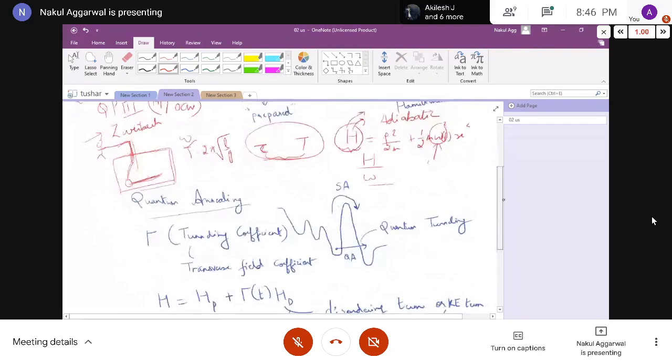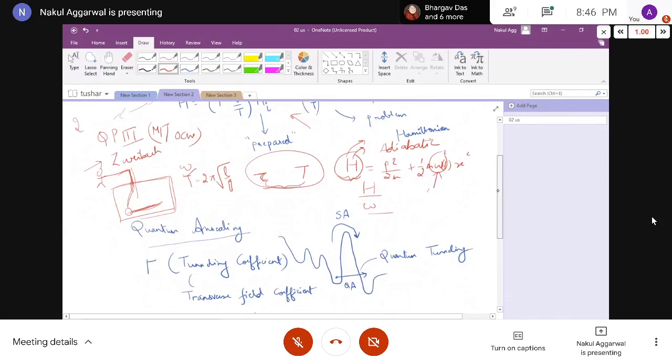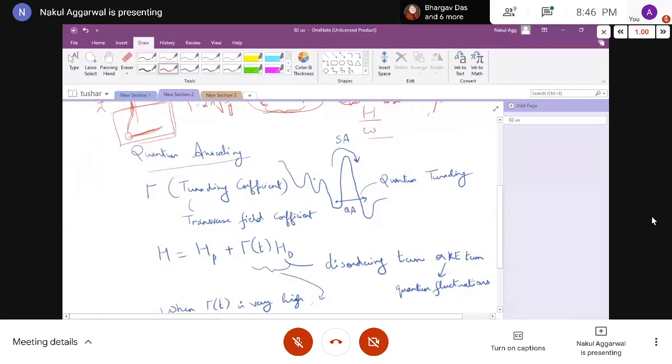The only reason I've discussed this is because when we look at the Hamiltonian for quantum annealing, you will see various similarities with this form. So what is quantum annealing? We looked at some drawbacks of simulated annealing, like basically temperature fluctuations that are helping us to cross these energy barriers or to climb those hills.